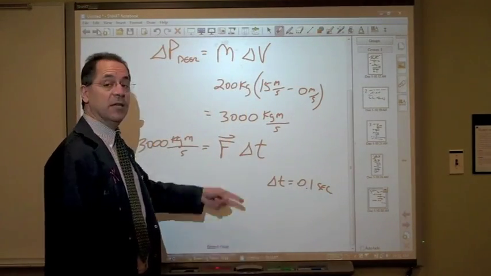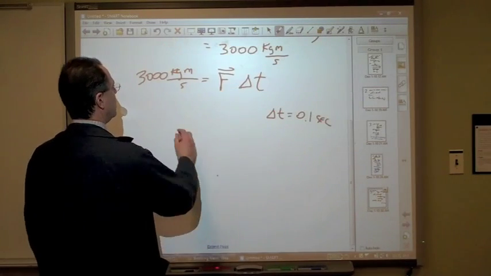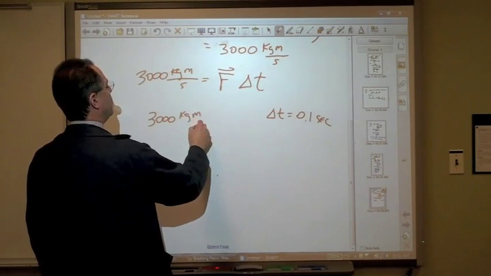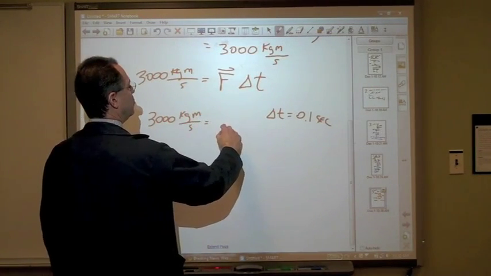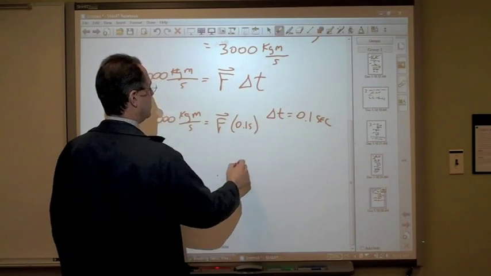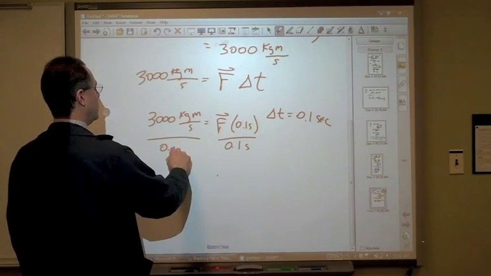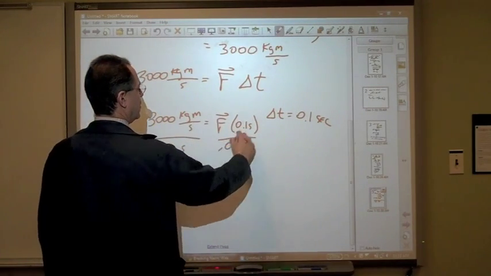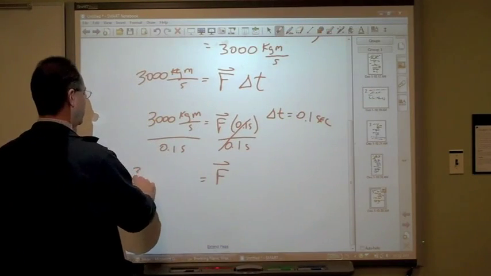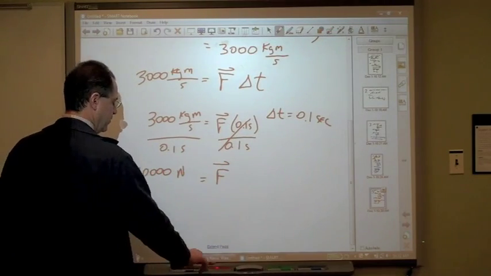Now plug this in and see what the force ends up being. 3,000 kilogram meters per second is equal to force times 0.1 seconds. Dividing both sides by 0.1 seconds, this cancels out, and we get a massive force of 30,000 newtons, don't we?